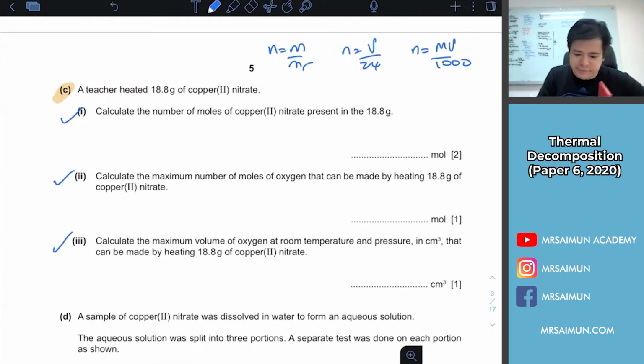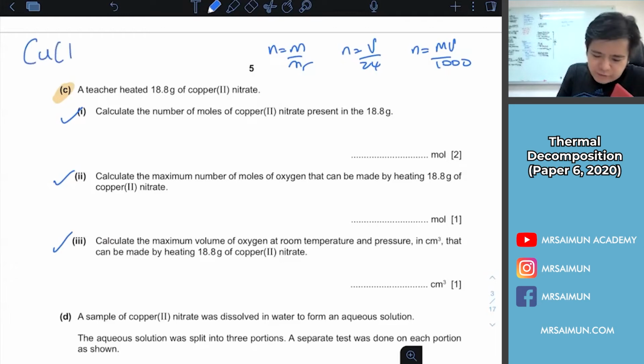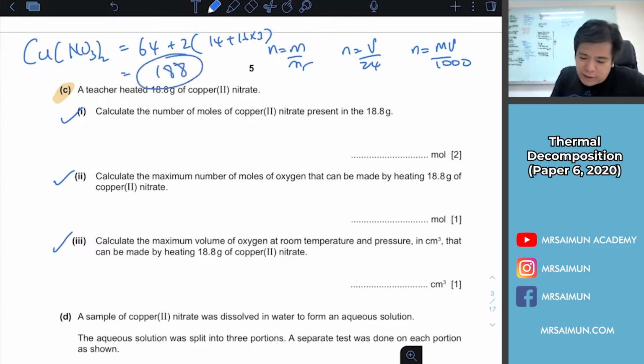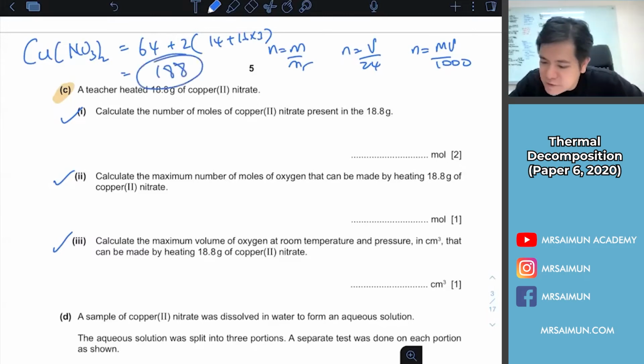For this part, copper nitrate, you need to be careful. The relative mass of copper is 64. Then you need to times 2 because of the nitrogen, plus 16 times 3. So the bracket is a bit tricky. 16 times 3 plus 14 times 2 plus 64 is 188.